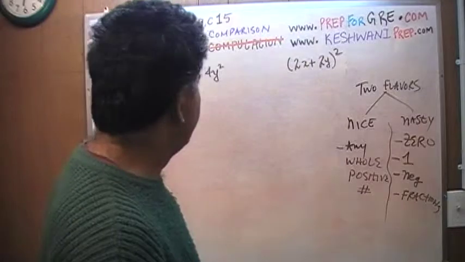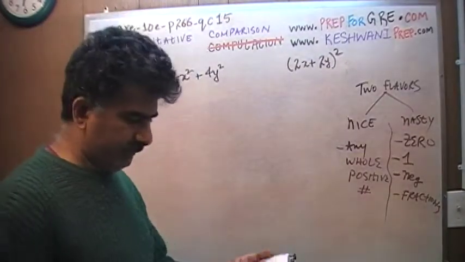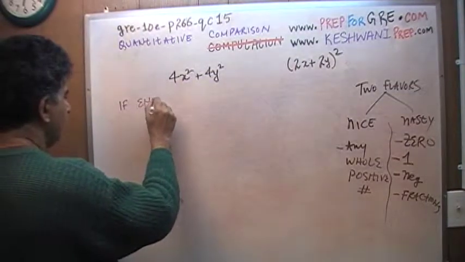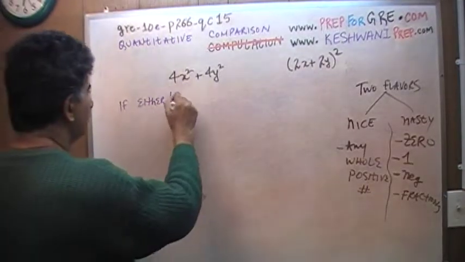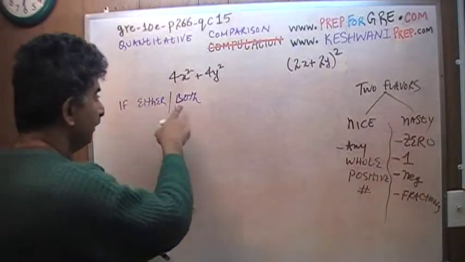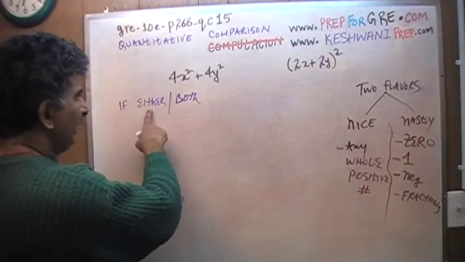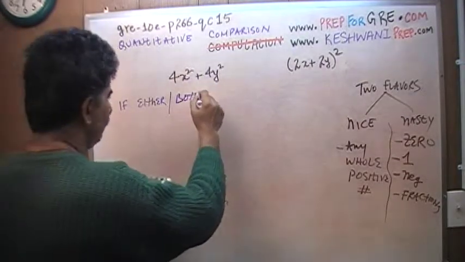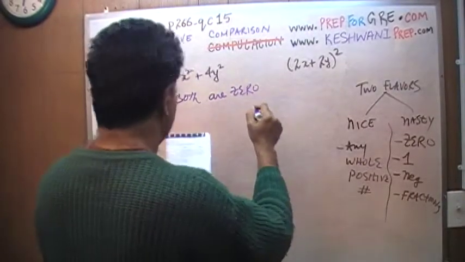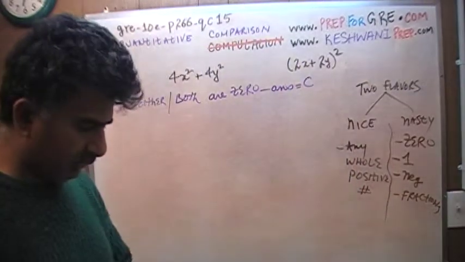Let's see what happens here. Here, what we're going to find is that if either X or Y or both are 0, you will see that the answer is going to be C. I'll show you how.